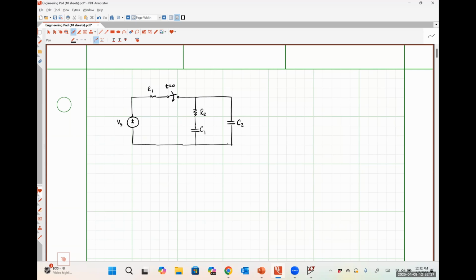So I'm going to go ahead and define some things here really quickly. Let's call the current flowing through capacitor C2 just I2 of t. The voltage drop across capacitor C2 will be V2 of t. The current flowing down through capacitor C1 will be I1 of t.